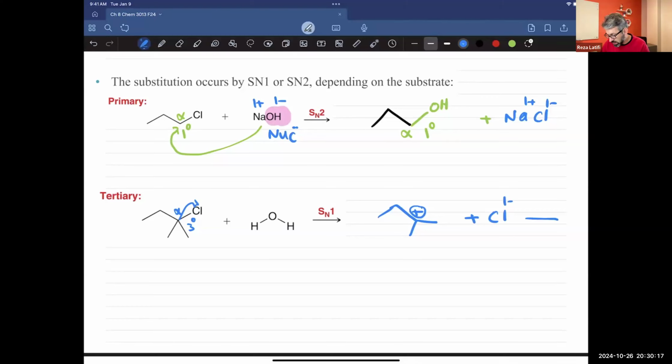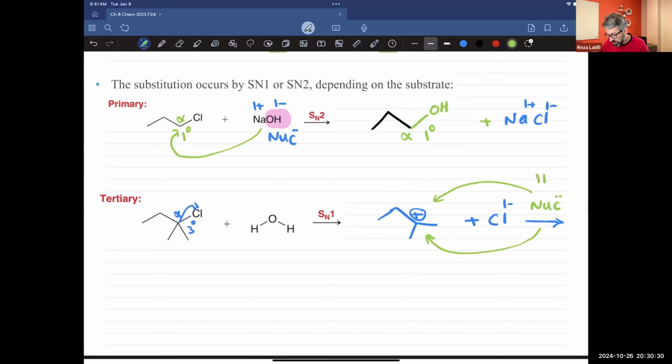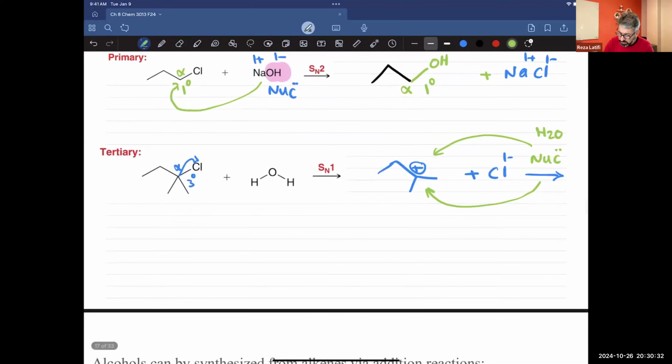Now, next step, our nucleophile, which is the solvent, can reach the carbocation from the top or the bottom. Again, our nucleophile is H2O, and this is going to be the product.